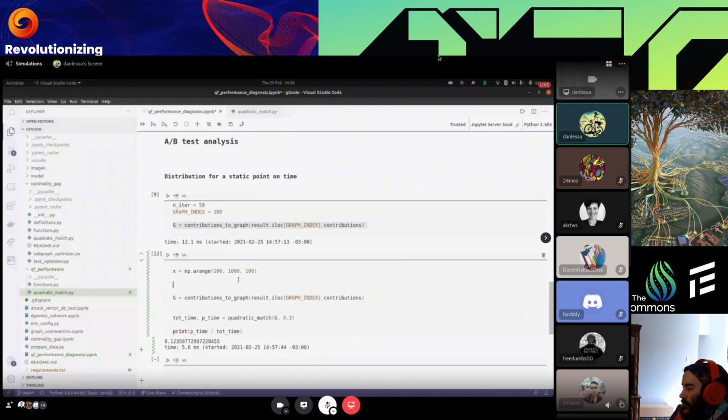And what I'm going to do here is tell that time is a list, actually a dict of xz, and this is quadratic match of G for G in graphs.